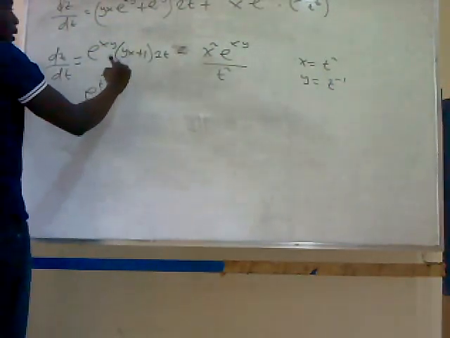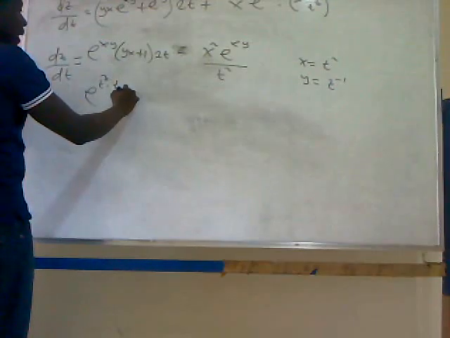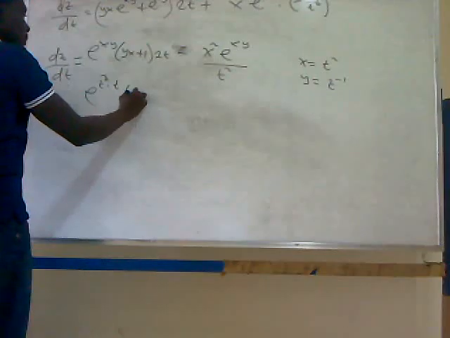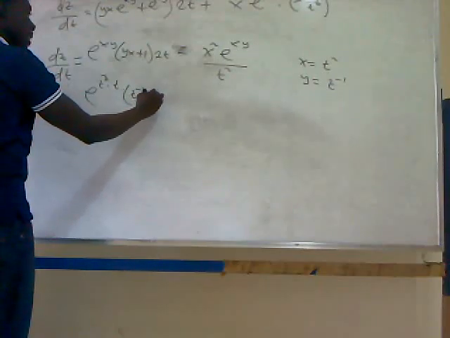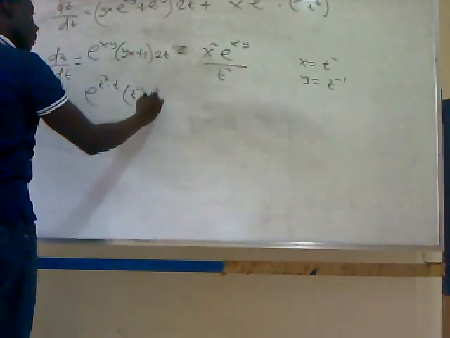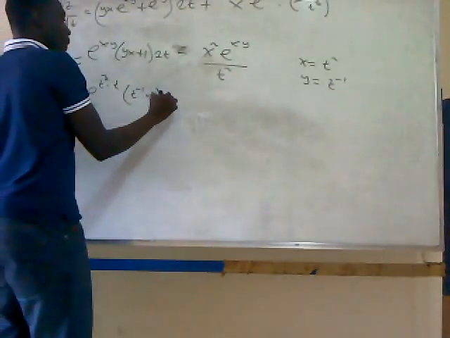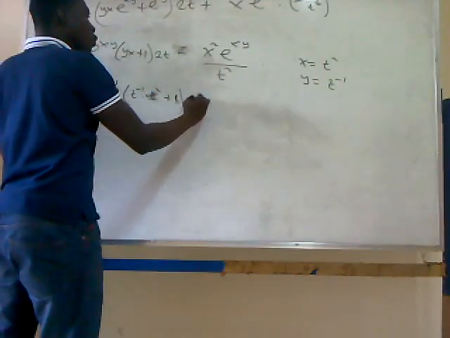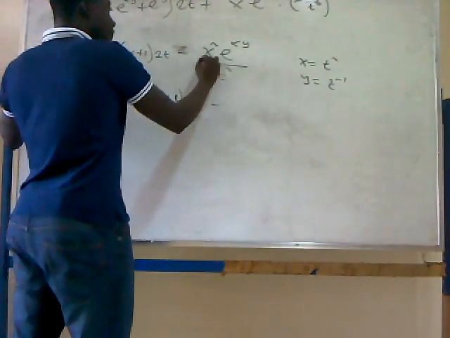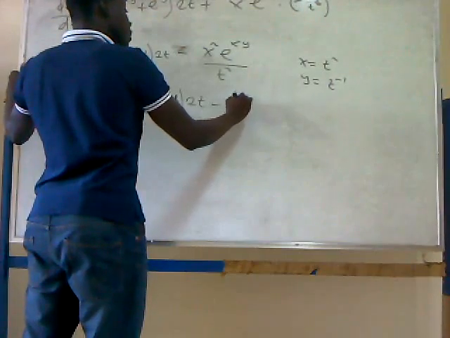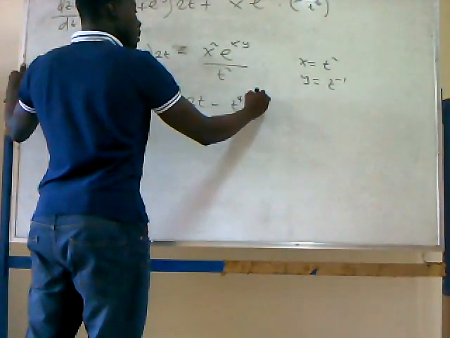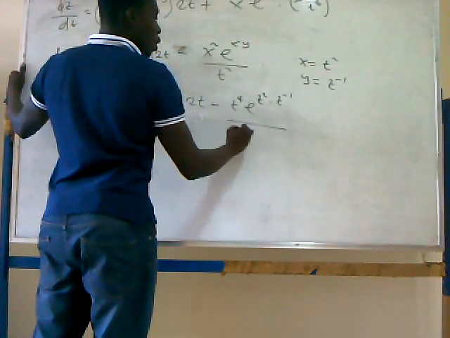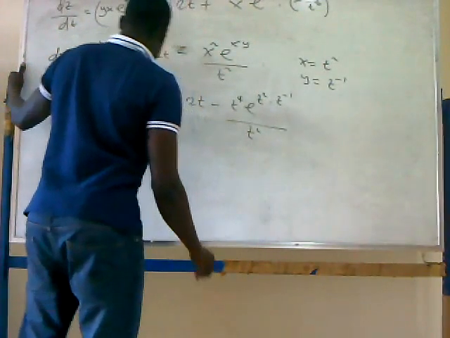So this one is done. Nice. And in the bracket, in place of y, I put t to the power minus 1. In place of x, I put t squared, plus 1, times 2t minus, in place of x, I put t to the power 4, times t to the power minus 1, all over t squared.